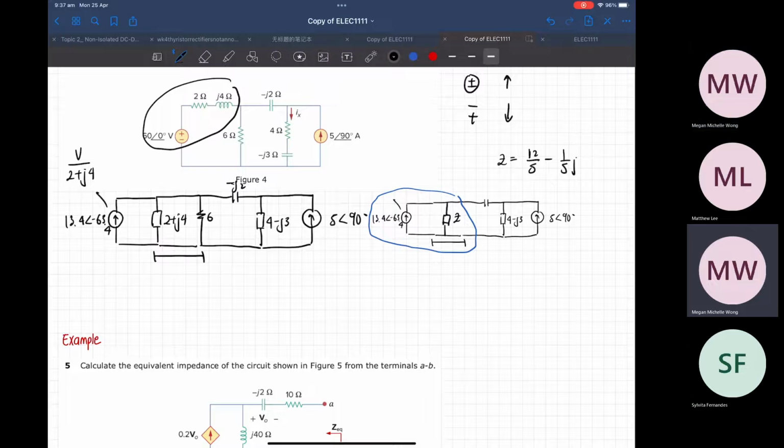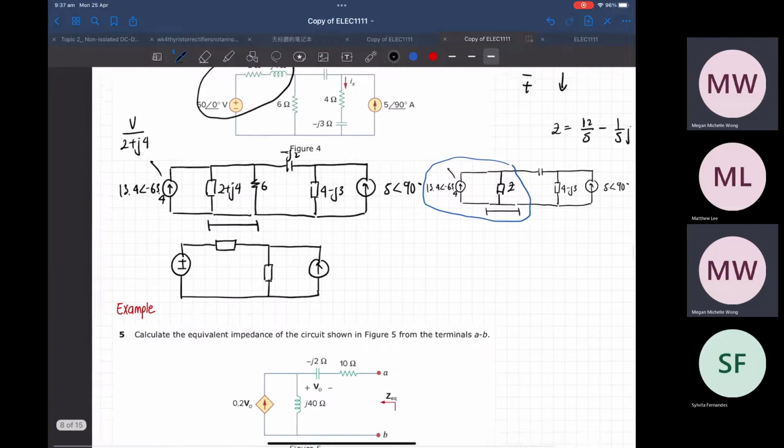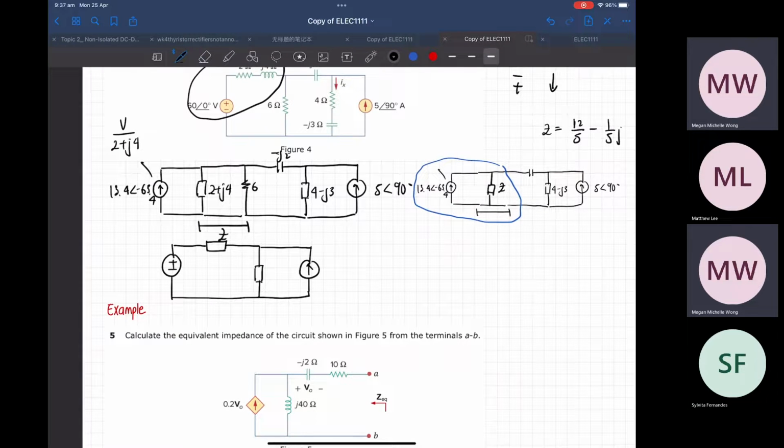Let's say 40. So this one actually becomes your Z plus minus 2J, because you had that minus 2J.